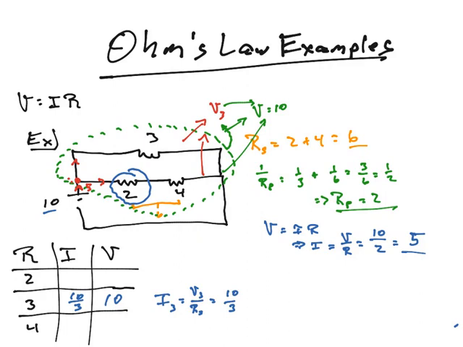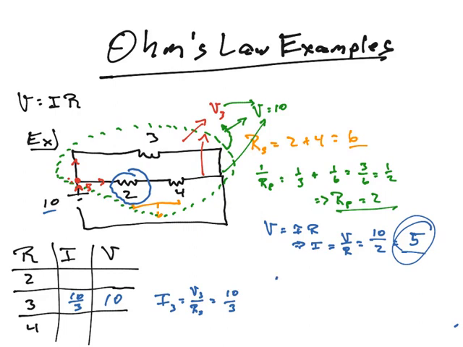I haven't figured it out yet, but I have the ability to figure it out now. And the reason is this. I already know the total current is 5. And I know of that 5, 10 over 3 goes to the 3 ohm resistor. So whatever is left must be how much goes to the bottom branch.